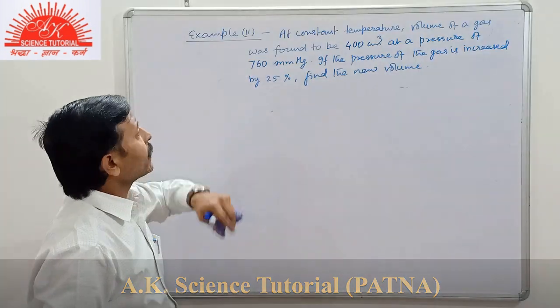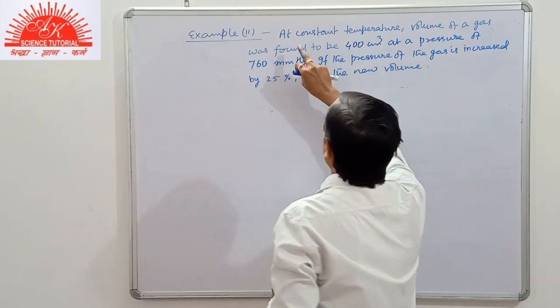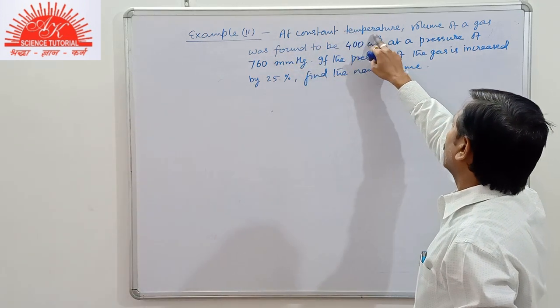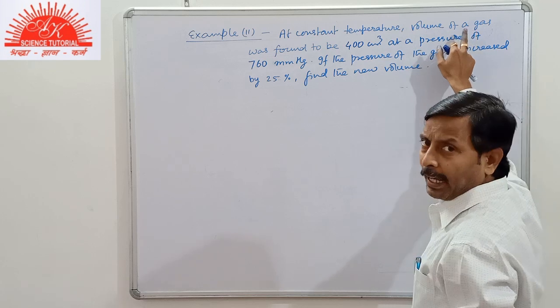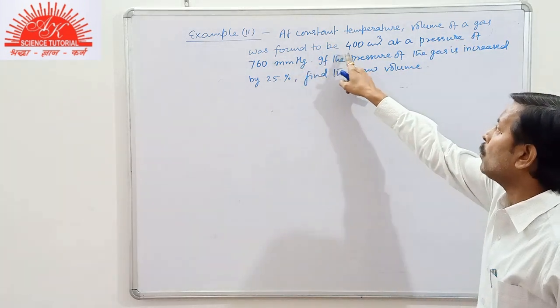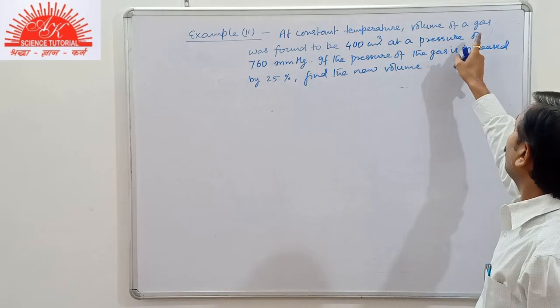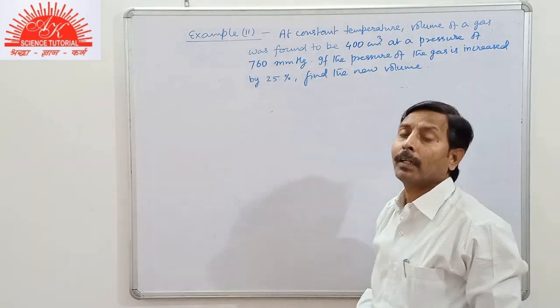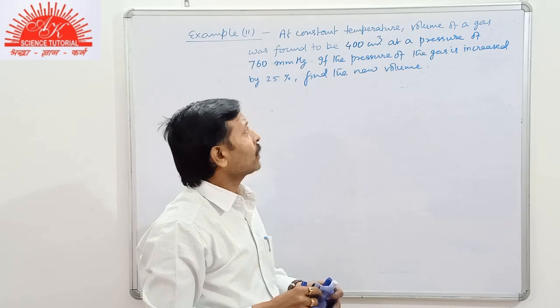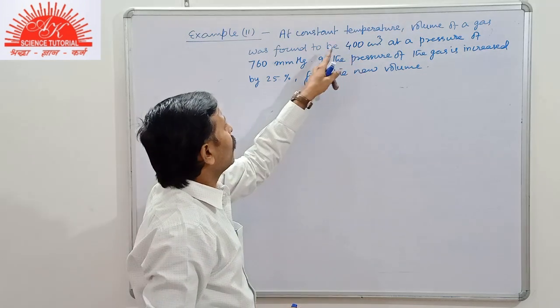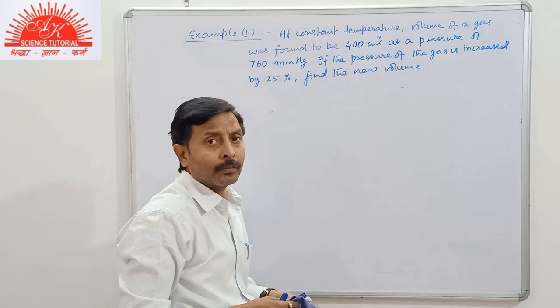Students, the next example is again here. At constant temperature, the volume of a gas was found to be 400 cubic centimeter at a pressure of 760 mmHg. In this part you see that the initial values of volume and pressure are given.